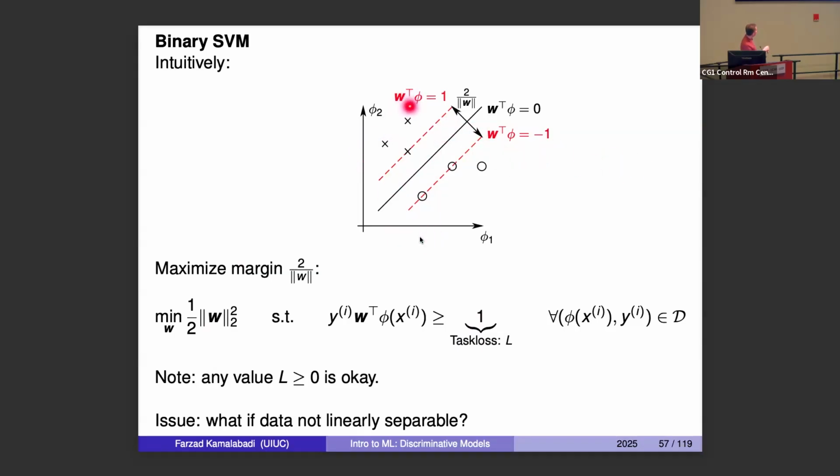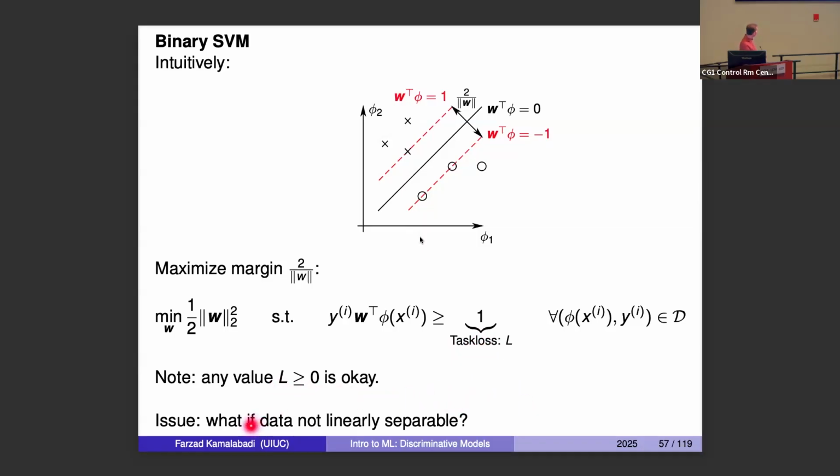As you can see here in this example, the product of these two declares this as the class being -1 at this side. But essentially you just write this in terms of an inequality, and for simplicity and for being able to relate it to other things we have talked about, you can pick this right-hand side, something known as a task loss. Generally it's an L, but let's pick it as 1.